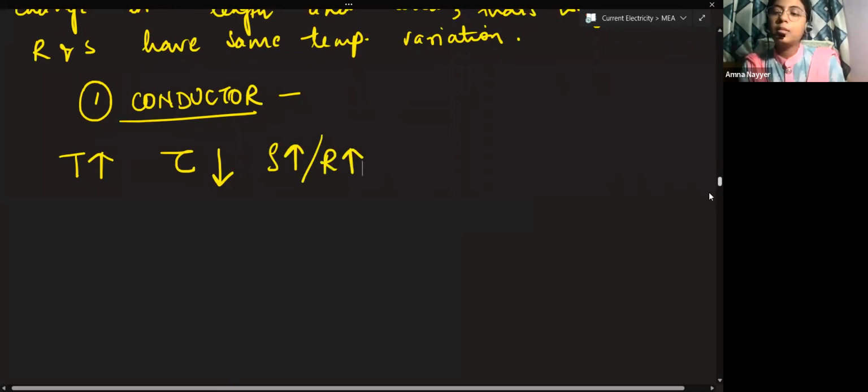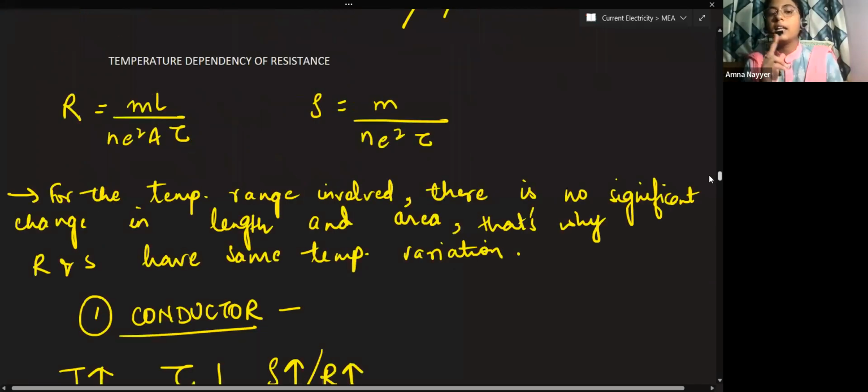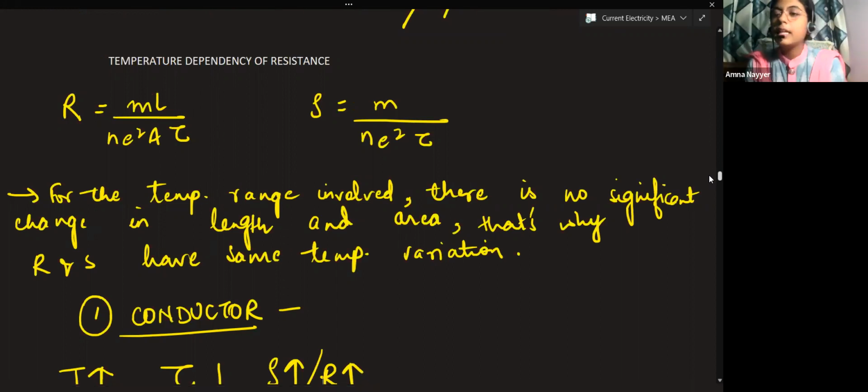Now the question that comes is that resistivity and resistance are inversely proportional to relaxation time. It is inversely proportional to e, the electronic charge, but it is also proportional to n, the number density. So why am I not considering the number density?